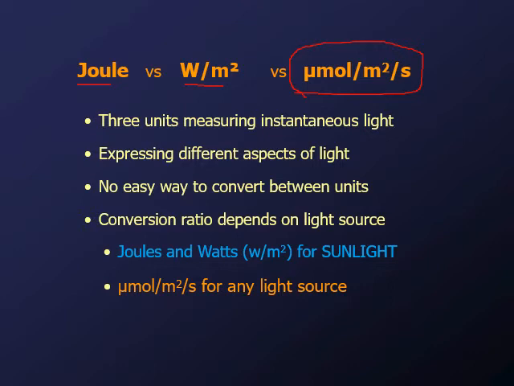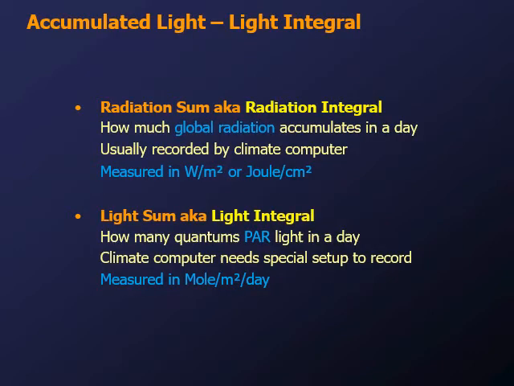But if you have a computer system that uses joules, usually you can get a rough idea of what you're doing to make decisions on whether you have to open vents or turn grow lights on. So a number that is then tied into global radiation is what we call a radiation integral. This is an important unit.